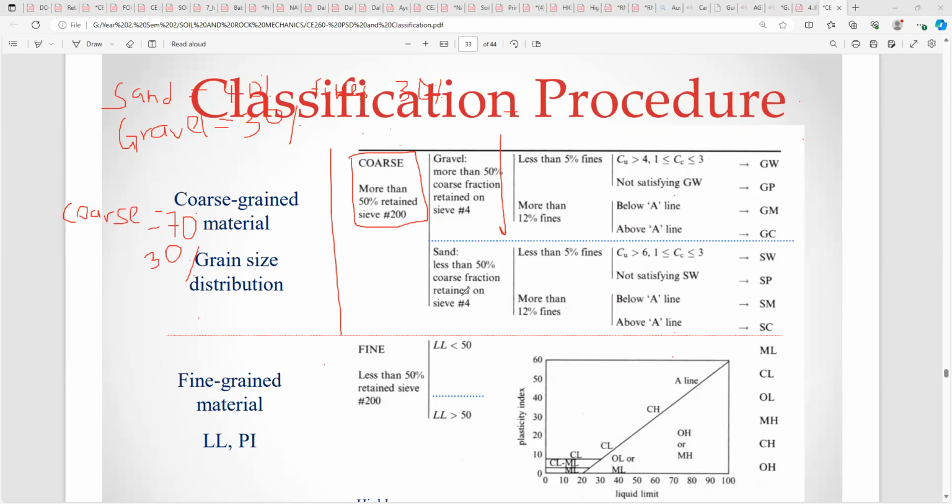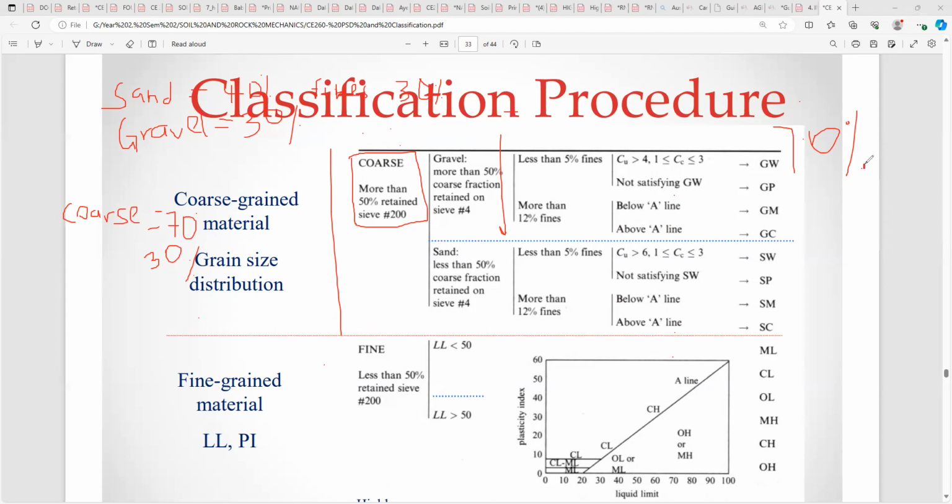They are just asking if you have more than 50% of the coarse fraction retained on sieve number 4. The coarse fraction is what? 70. Do you remember? We have the coarse fraction here. Fraction is the same as percentage.